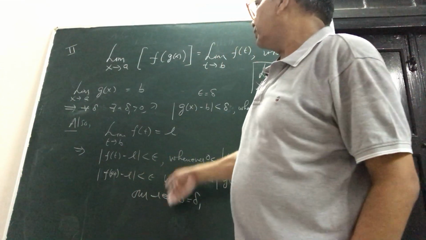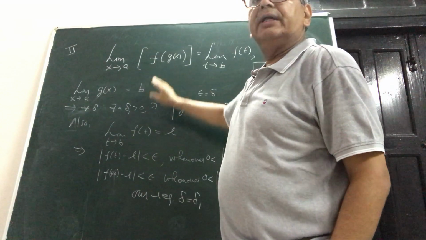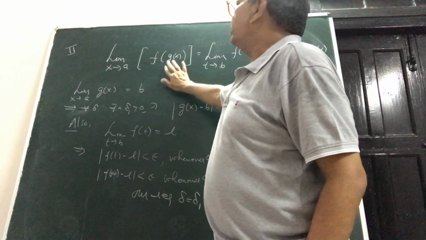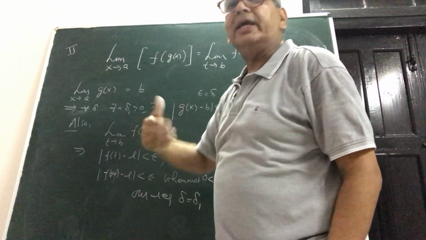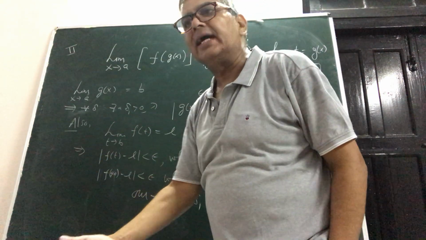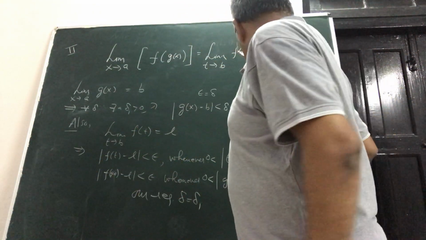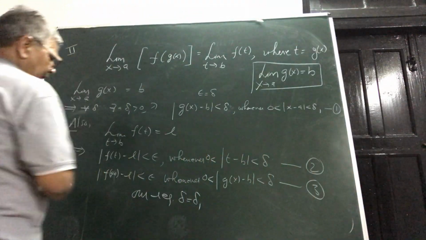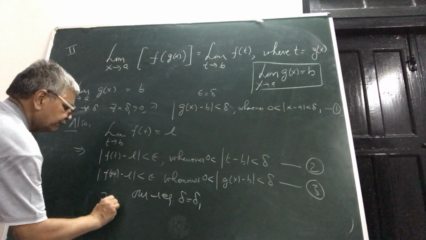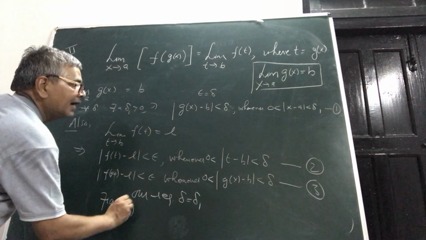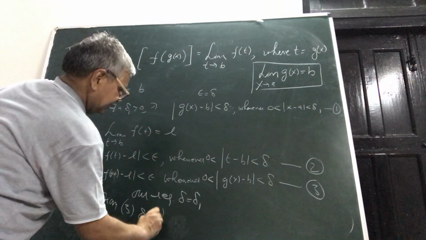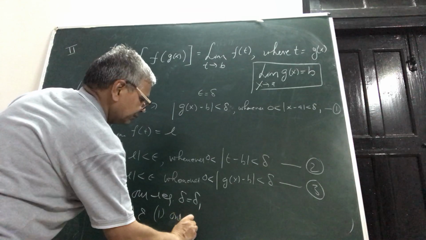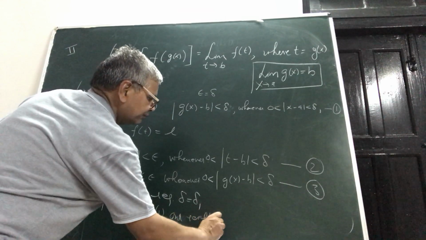So our result is proved, because we only had to show that for every epsilon there exists a delta, and that required delta is nothing but delta 1. From equations 3 and 1, our result is proved.